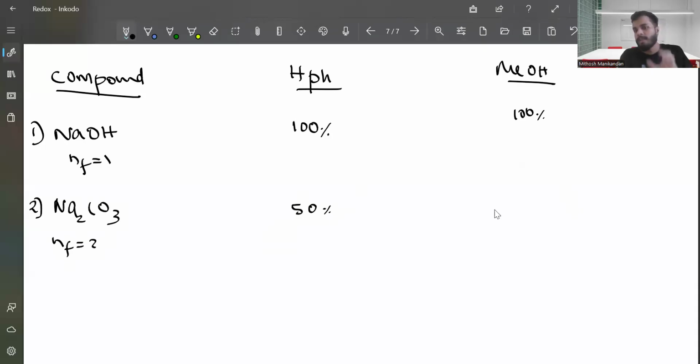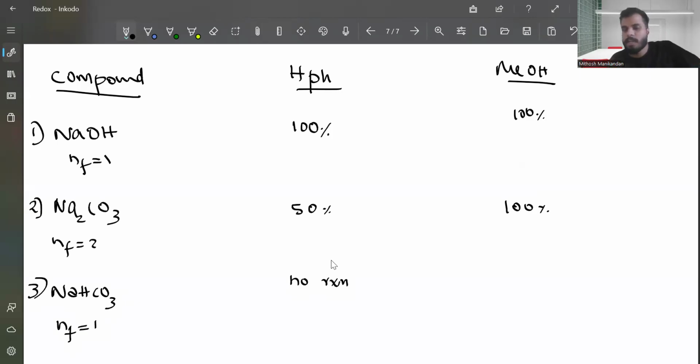But when we find the second equivalence point with MEOH, it is 100%, correct? So third, you have NaHCO3, n factor is 1 again, right? With phenolphthalein, there will be no reaction. I mean, if you use phenolphthalein, you will not find the equivalence point of NaHCO3. But with MEOH, you'll find the 100%.